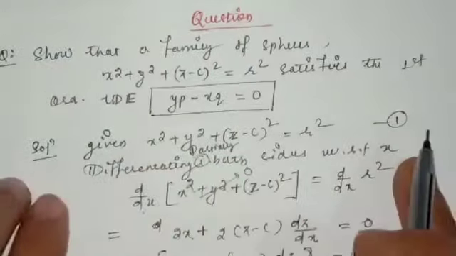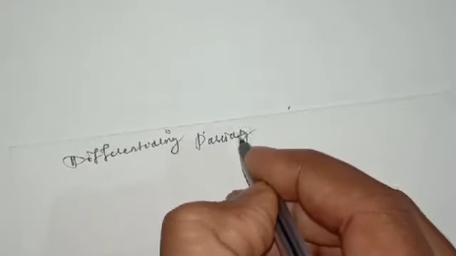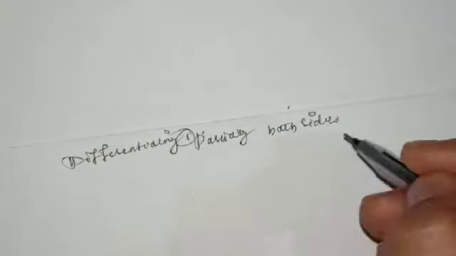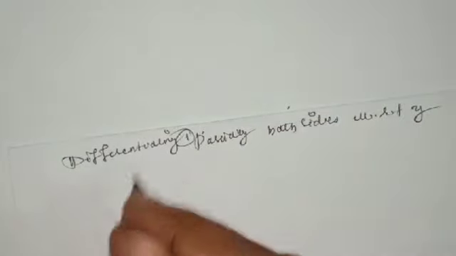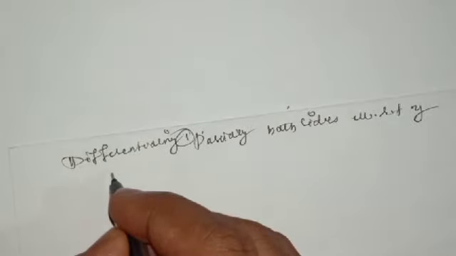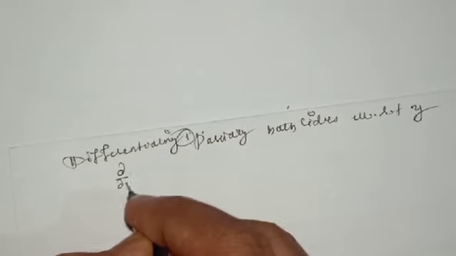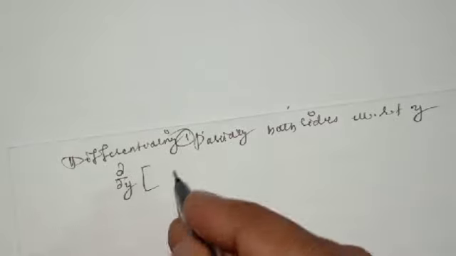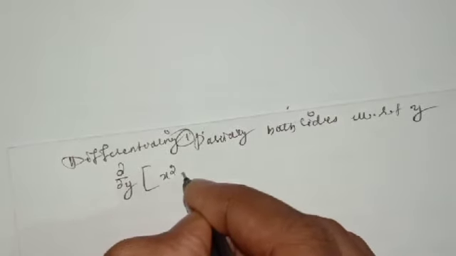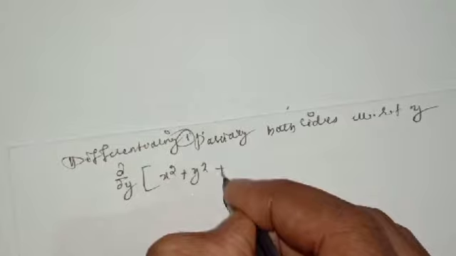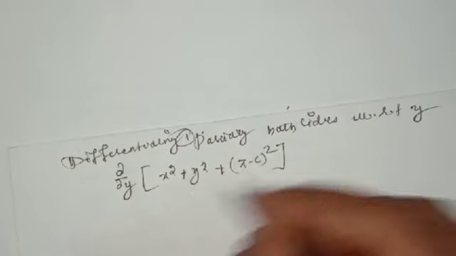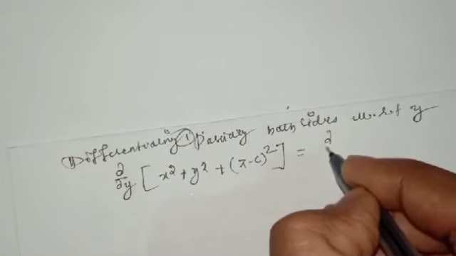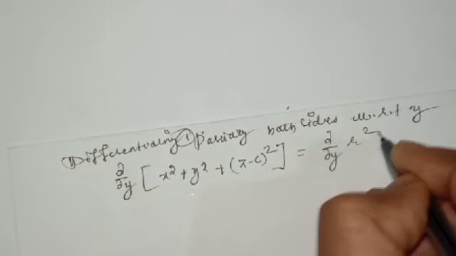So now differentiating partially both sides with respect to y, your equation will look like del y of the equation x square plus y square plus (z minus c) bracket square is equal to del y of r square.